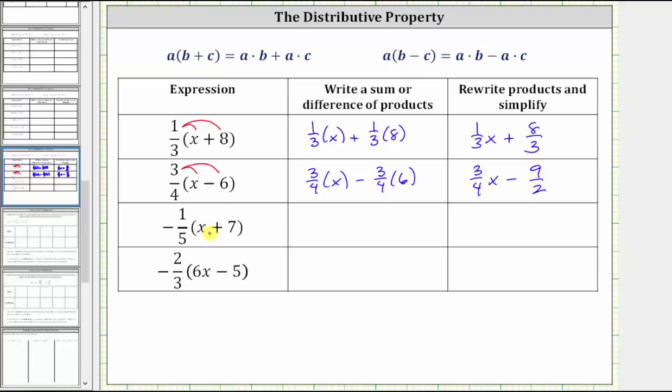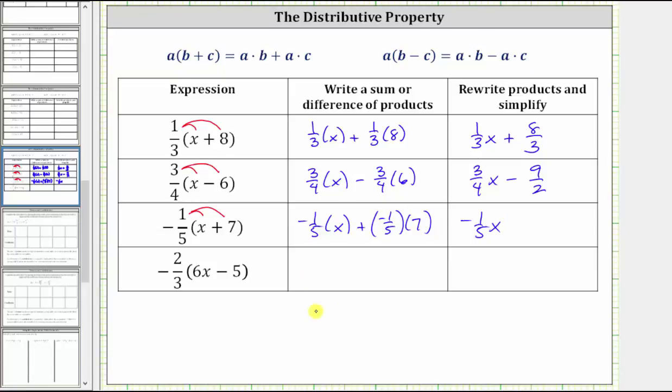Next we have negative 1/5 times the quantity x plus 7. We distribute negative 1/5, which gives us negative 1/5 times x plus negative 1/5 times 7. Well, negative 1/5 times x is negative 1/5 x. And then we're going to have plus negative 1/5 times 7.